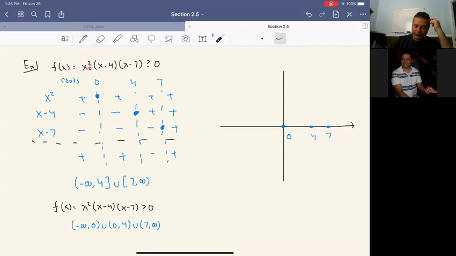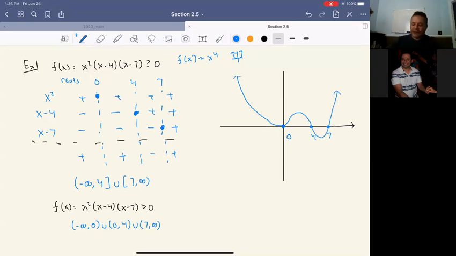So there's 1, 2, 3, 4 x's, right? So the leading behavior is like x to the 4th. That means it looks like this out at the end. So it's going to start out way up here, bounce at 0 because it's an even powered 0. Okay. Cross at 4 and cross again at 7.